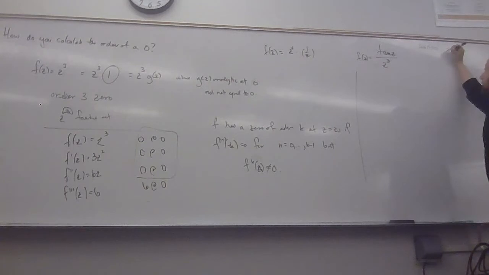So there's a 0 in the numerator at z equal to 0. Is z a 0 for the denominator as well? Of order what? Okay, so there's a 0 in the denominator of order 3.